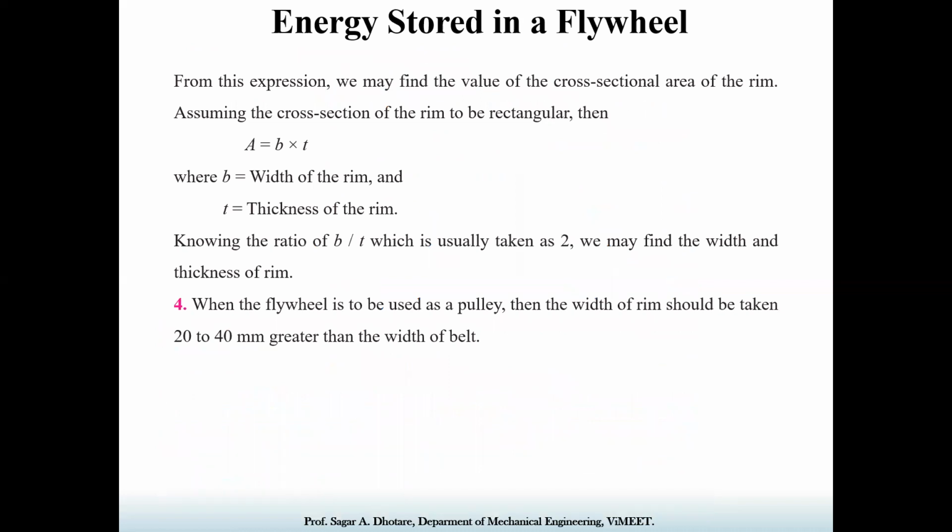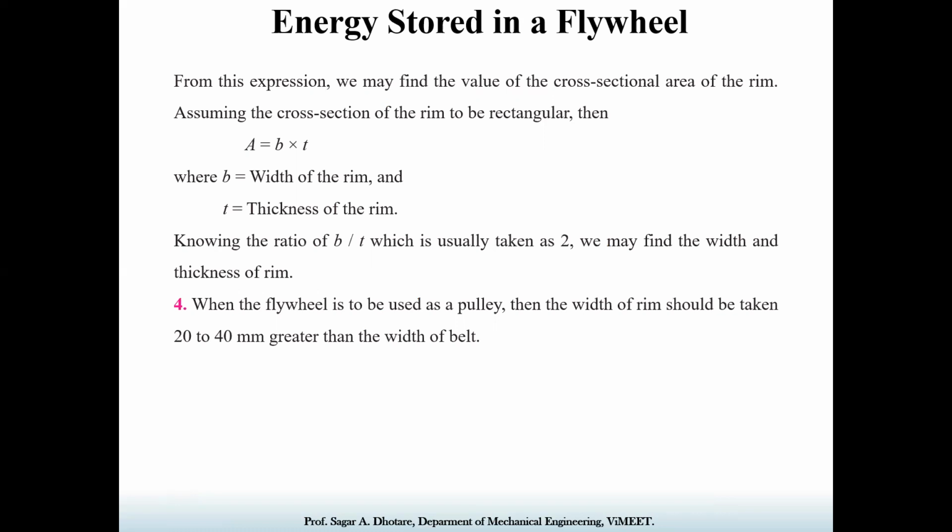The expression may be defined using the value of the cross-sectional area of the rim, assuming the cross-sectional area of the rim is b into t, where b is the width of the rim and t is the thickness of the rim. Now we know that b by t is usually taken as 2 to find the width and thickness of the rim.